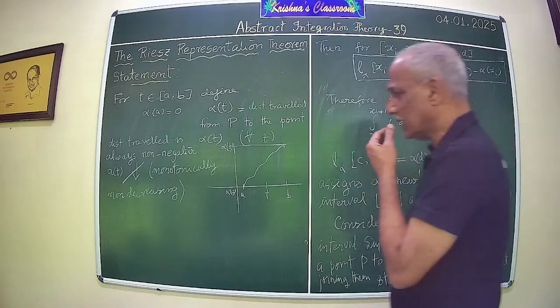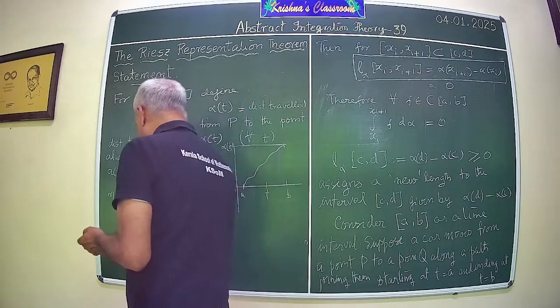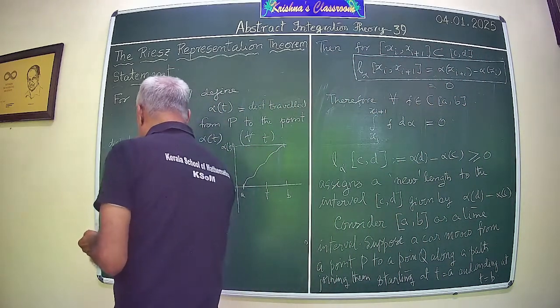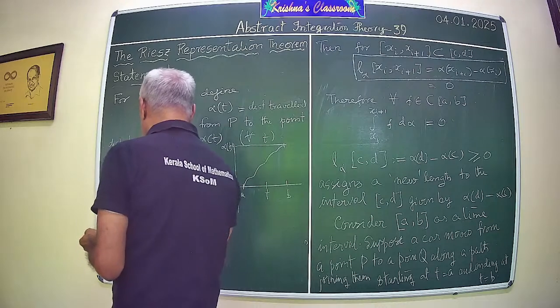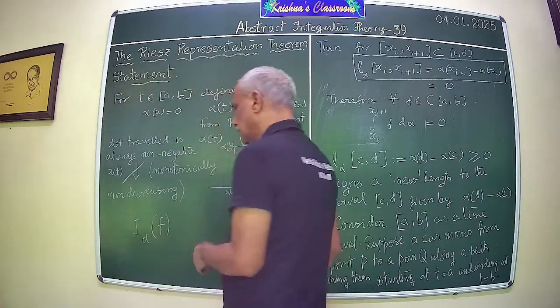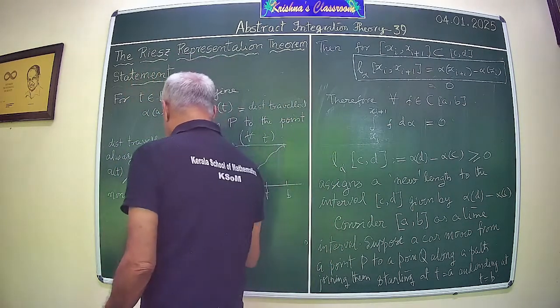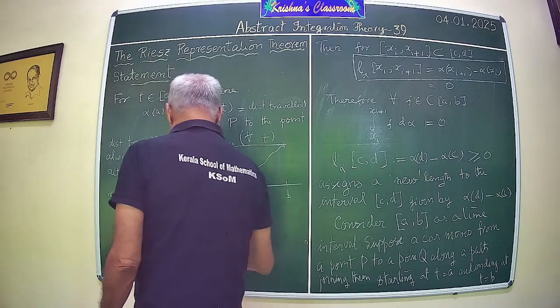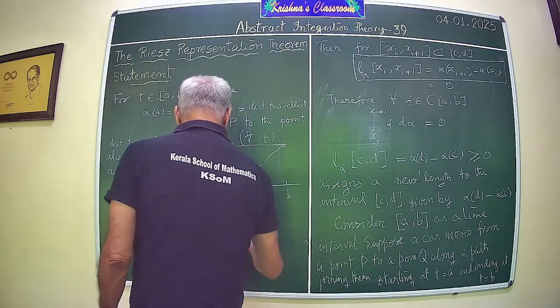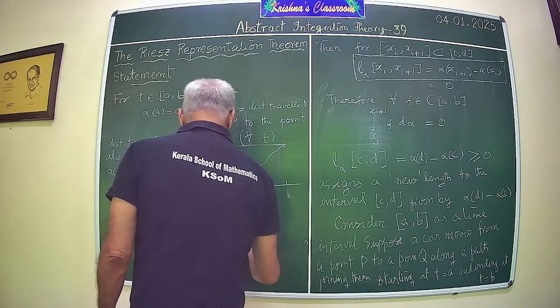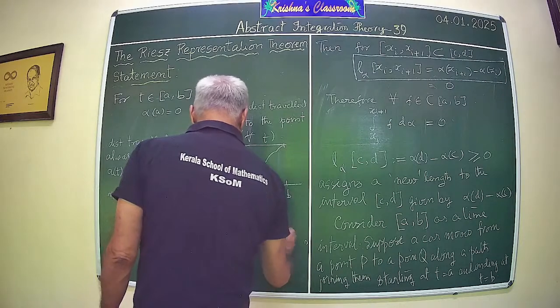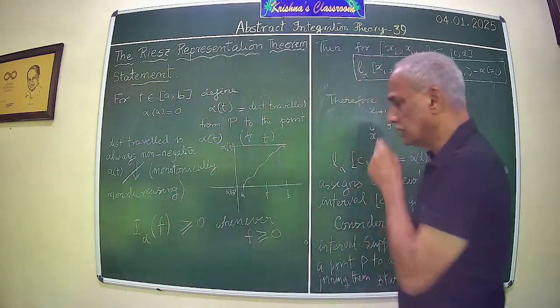Therefore, you see that I alpha of f, where f is some continuous function, is always positive whenever f is greater than or equal to 0.